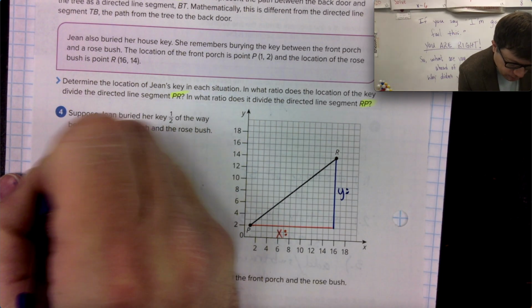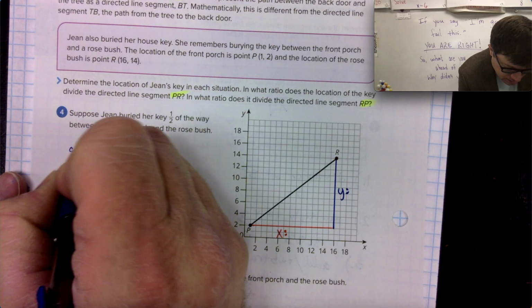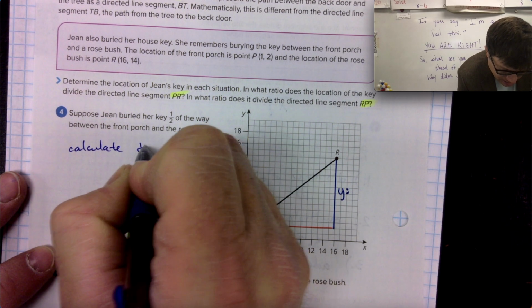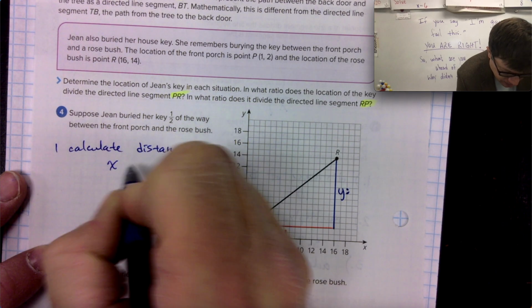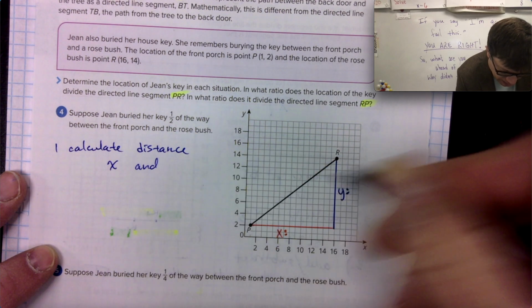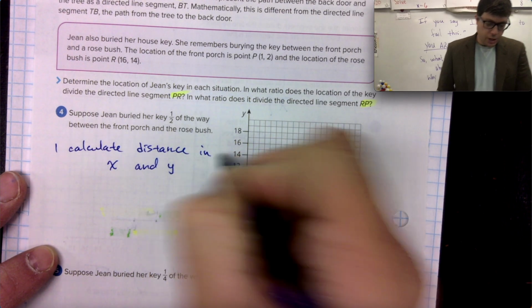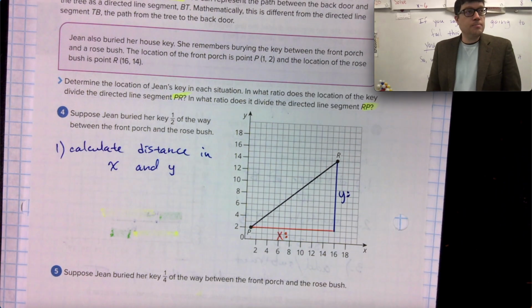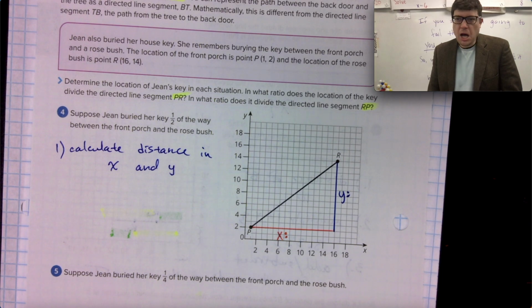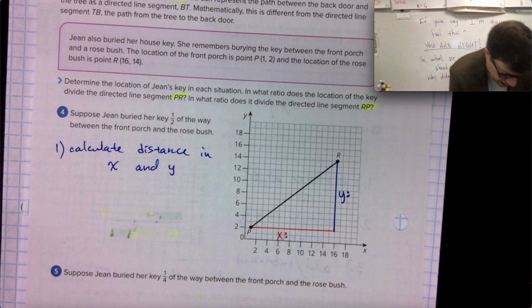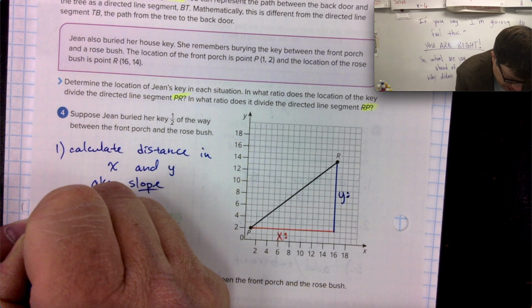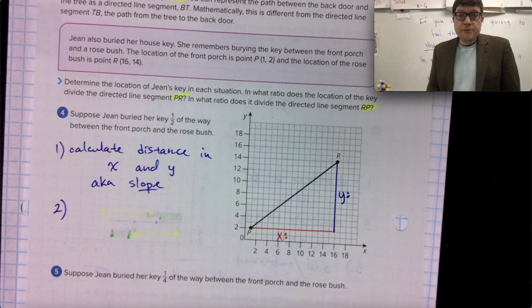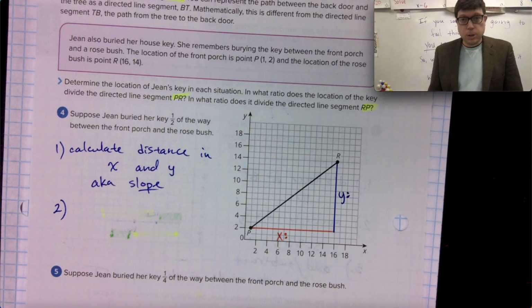Okay, so number 1, calculate the distance in the X direction and the Y direction. So this is like saying slope, so to speak. Then step 2, use the fraction to multiply the distance.